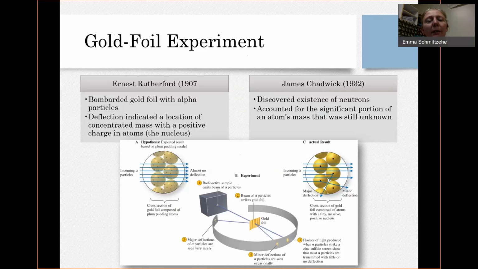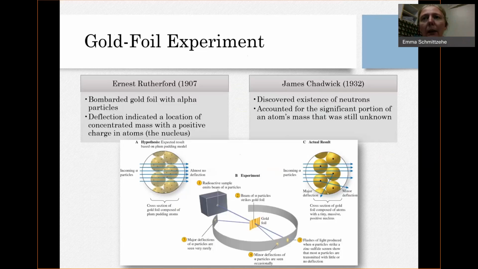He shot these alpha particles, which are a type of radiation, at this gold foil, and then detected what happened to them. Where did they go from there? Some of them went straight through, and some of them were deflected back.